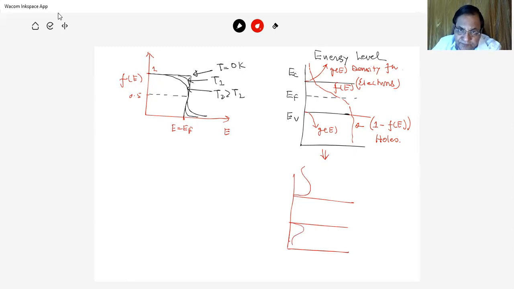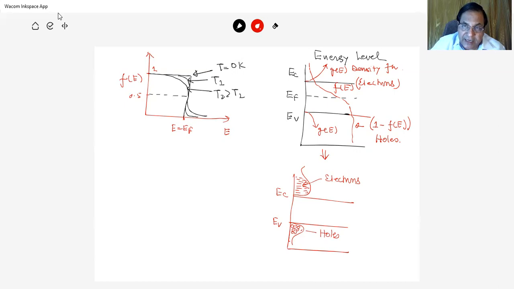This is your EV valence band. This is conduction band. So there are electrons in conduction band, and here it is holes in valence band.